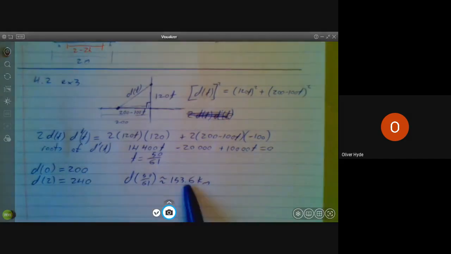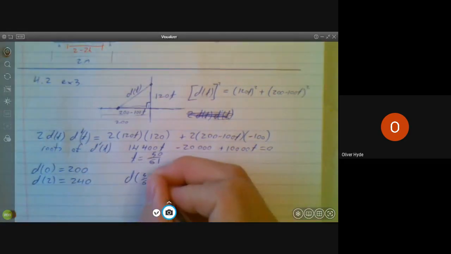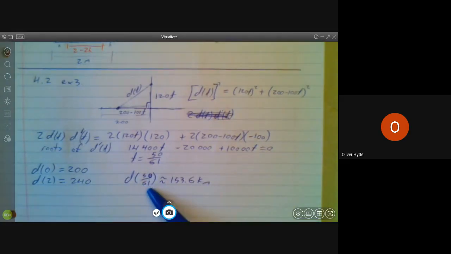This could also just be me verifying that 50/61 of an hour, or what did we convert that to? About 49 minutes, is the time that they are closest together, by convincing myself that if I try the endpoints and any critical numbers, the critical number that yields the smallest output will be the critical number that yields the minimum.